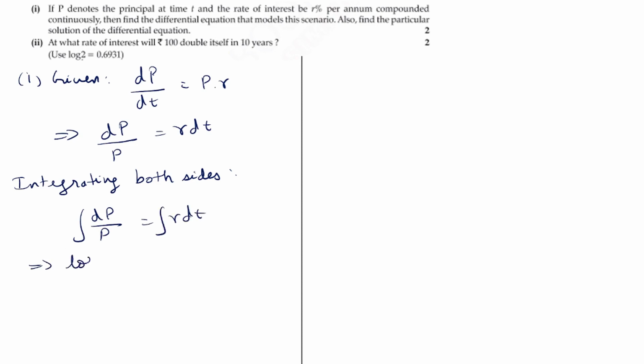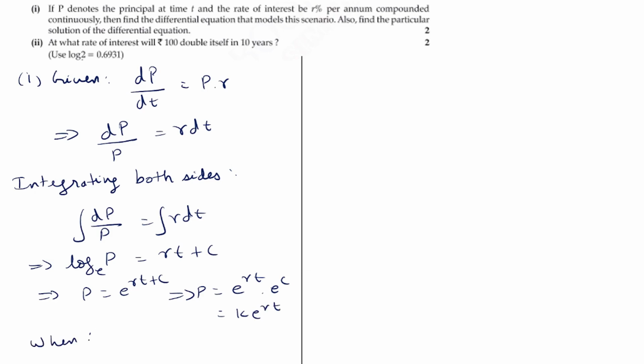Or we get log P is equal to rt plus c. This is log P to the base e. So we get P is equal to e raised to (rt plus c), or P is equal to e raised to rt into e raised to c. Or let us take this as equal to k into e raised to rt.